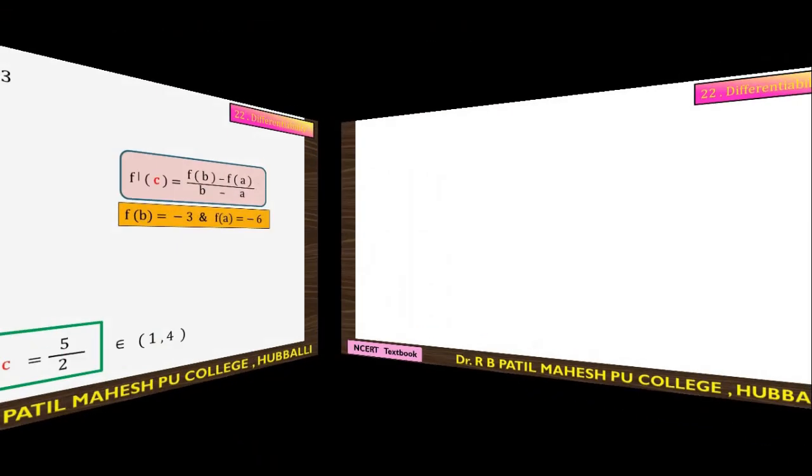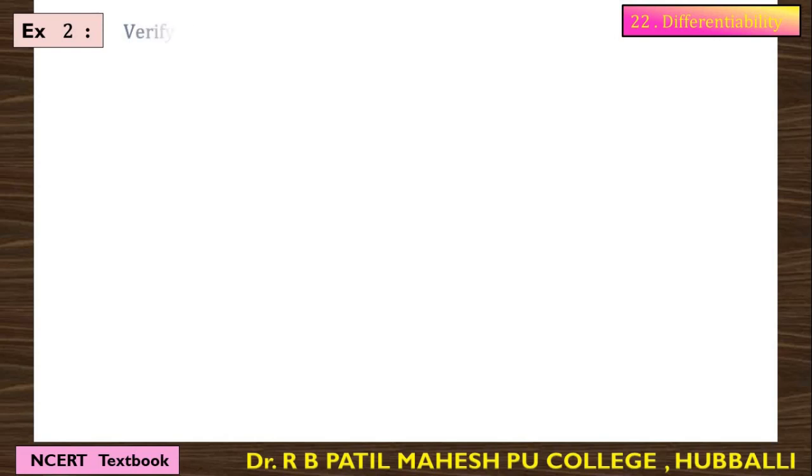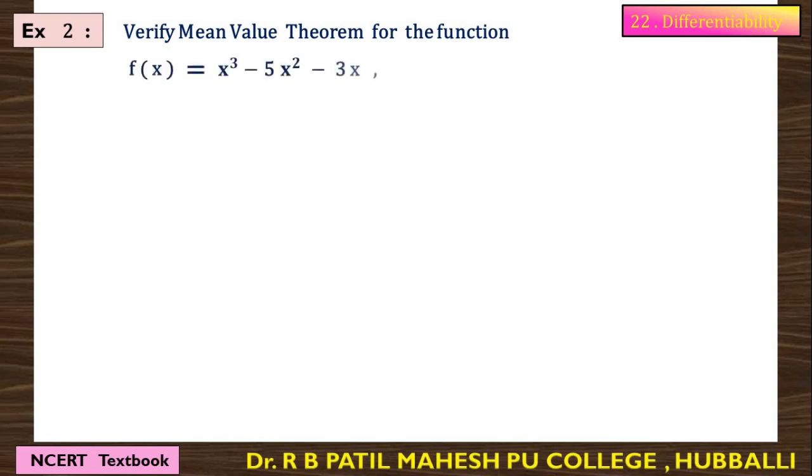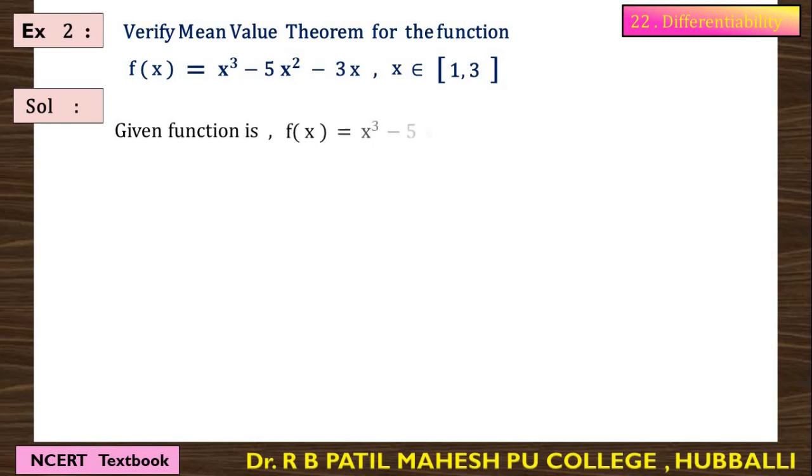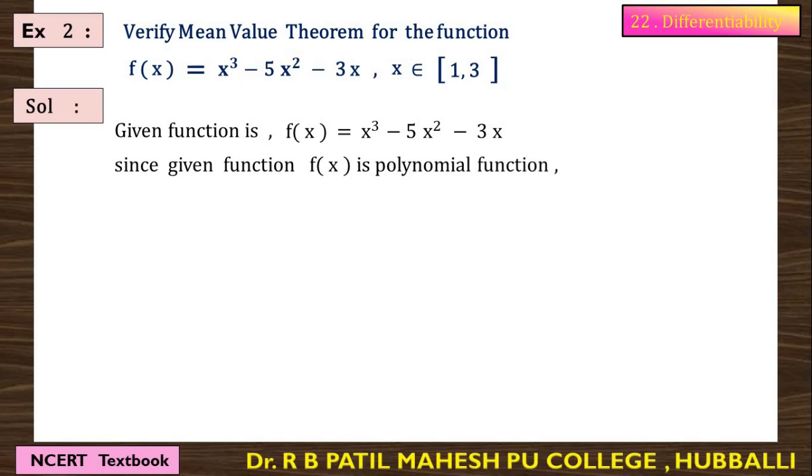Now see the next question. Verify the mean value theorem for the function f of x equal to x cube minus 5x square minus 3x, and x belongs to 1 comma 3. First take the given function f of x equal to x cube minus 5x square minus 3x.